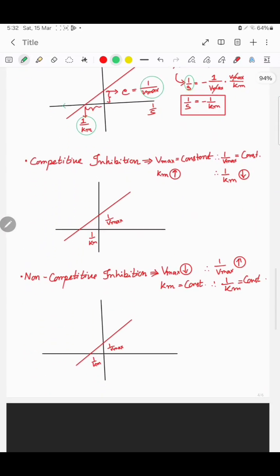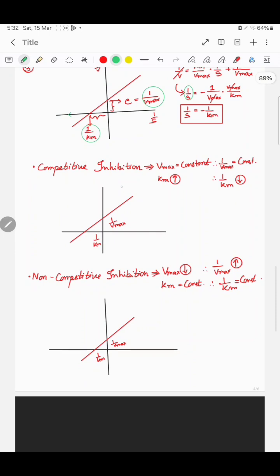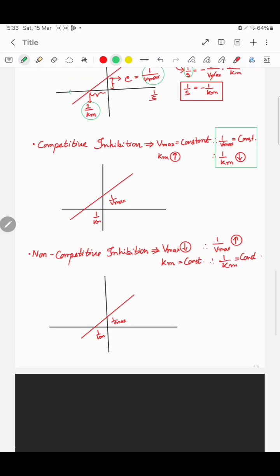Now, what do we mean by competitive inhibition? In competitive inhibition, the maximum velocity remains constant and the Km increases. So the 1 by Vmax should be constant because Vmax is constant, and as Km increases, 1 by Km should decrease. So this is for competitive inhibition.